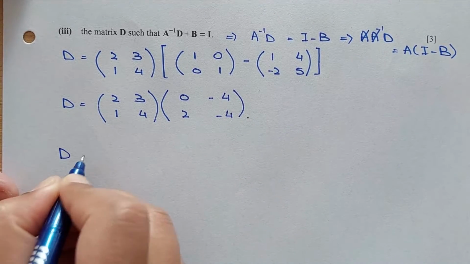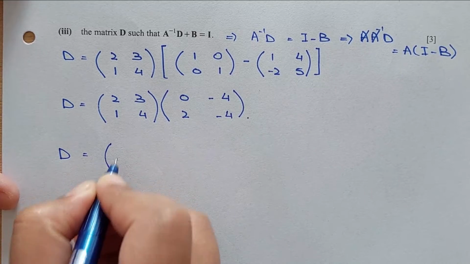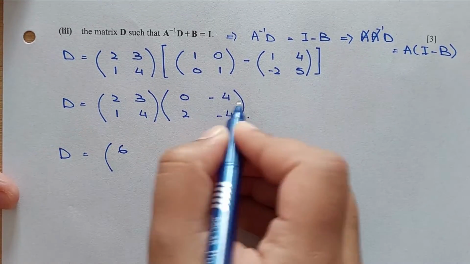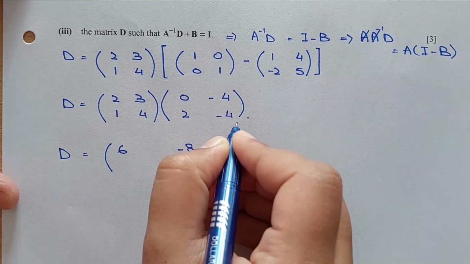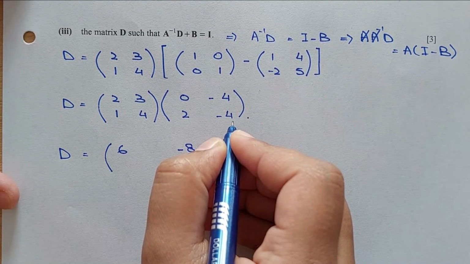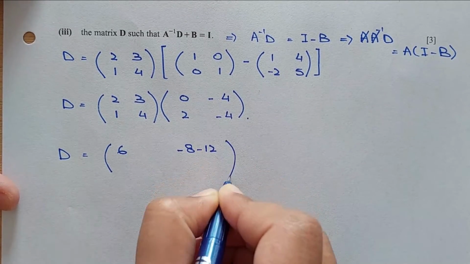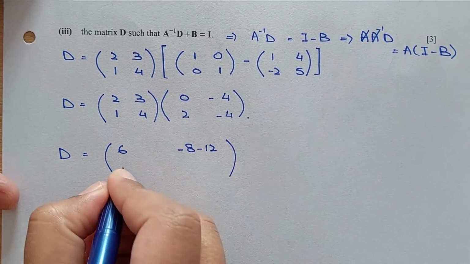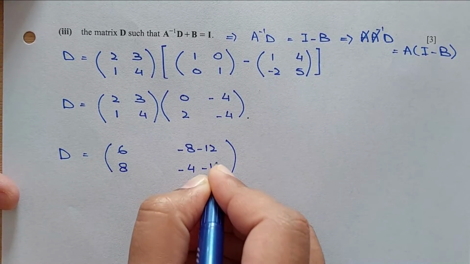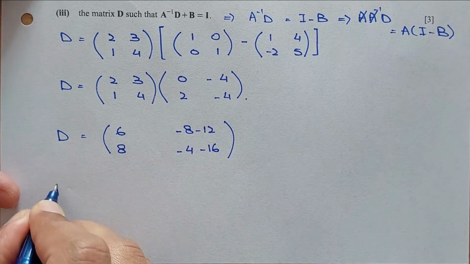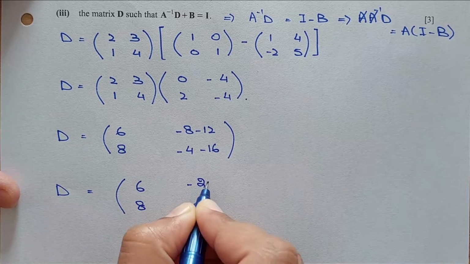Now the product of the two matrices: 2 times 0, 3 times 2, this equals 6. 2 times minus 4 is minus 8, and 3 times 4 is 12, minus 12. 1 times 0, 4 times 2. 1 times minus 4, 4 times 4 is minus 16. For the simplification, the matrix D is 6, 8, and minus 20.